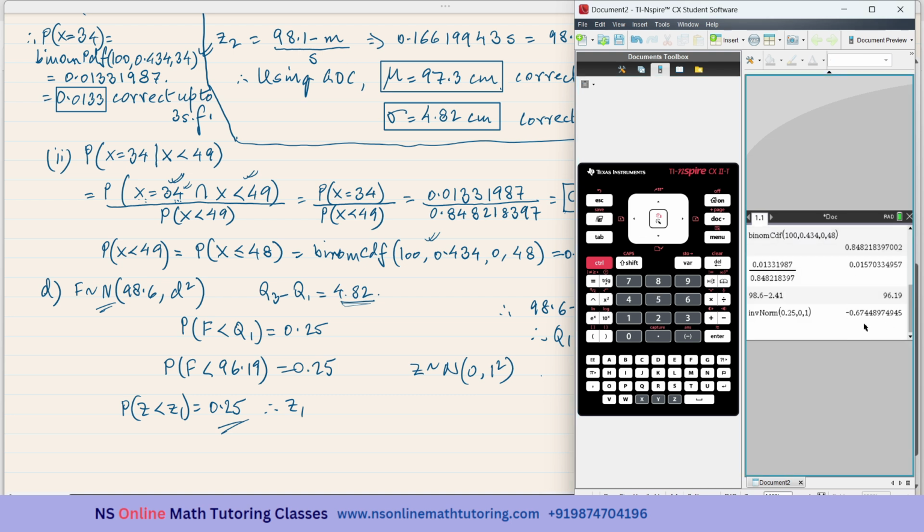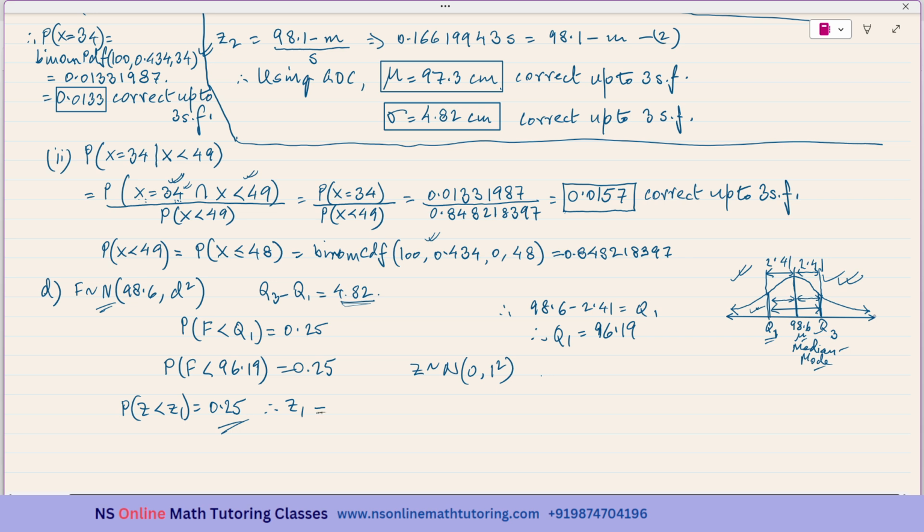So the Z1 value is negative 0.6744897. Okay.